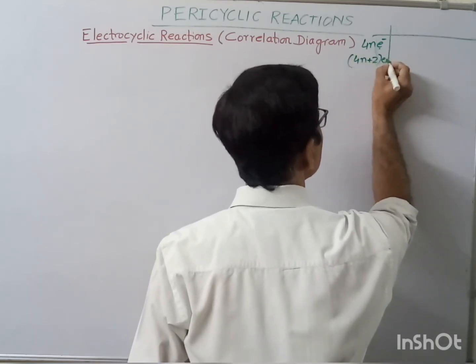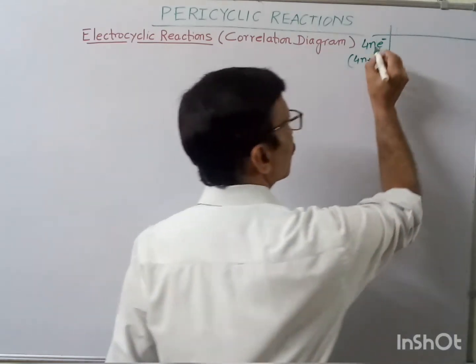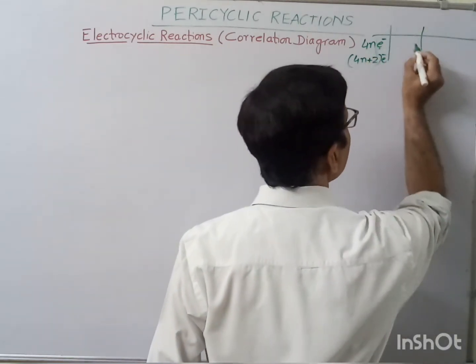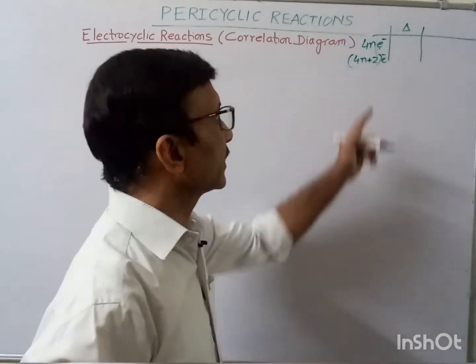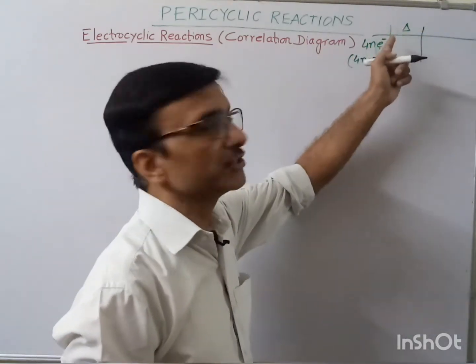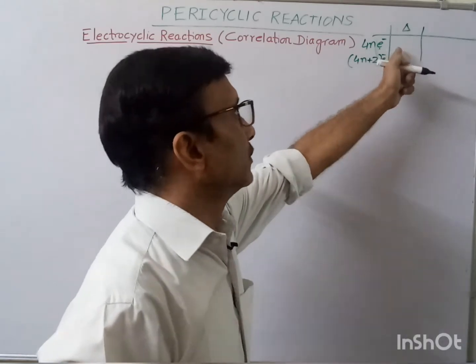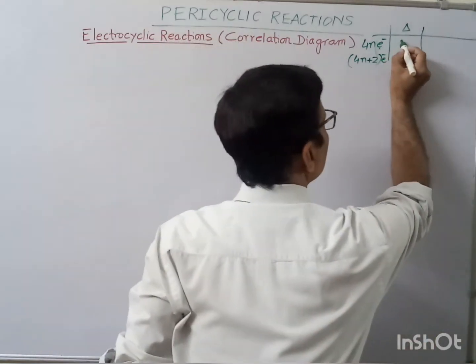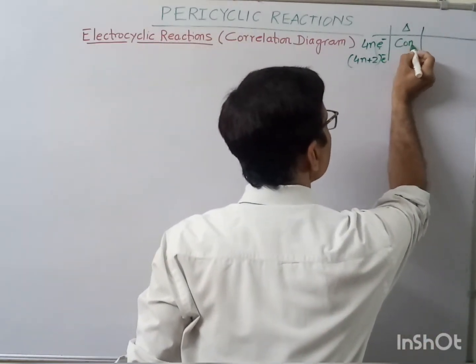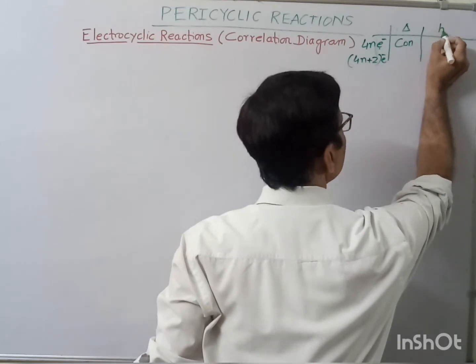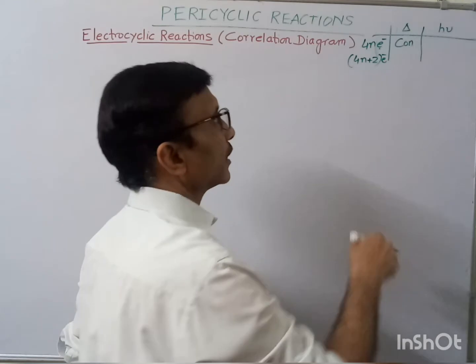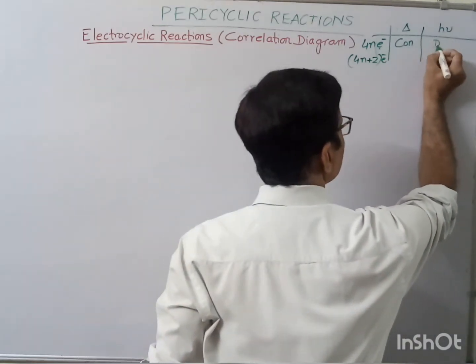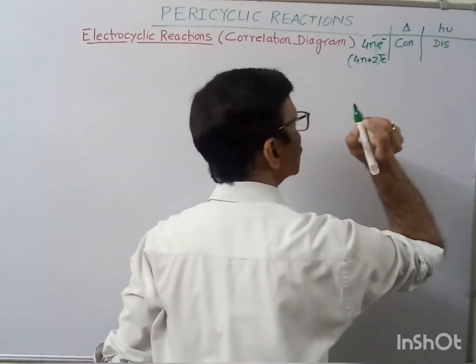In the 4n electron system under thermal condition, the orbitals will undergo conrotatory motion, whereas under photochemical conditions they will follow the disrotatory motion.